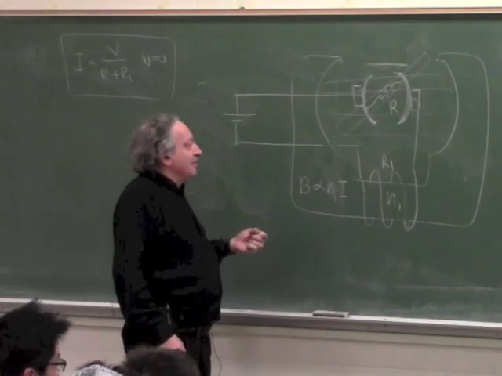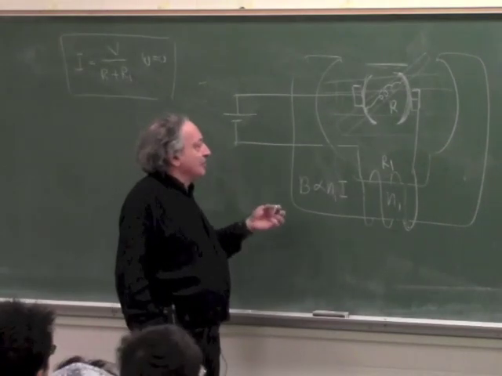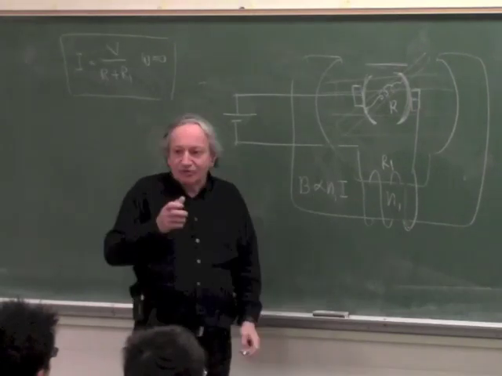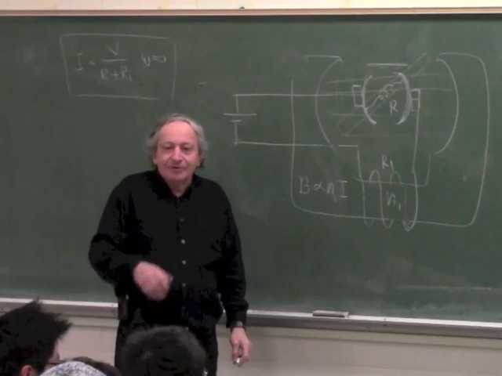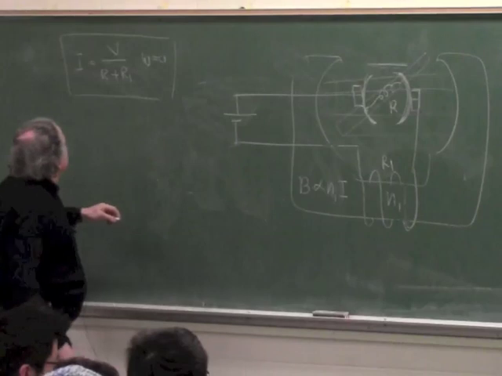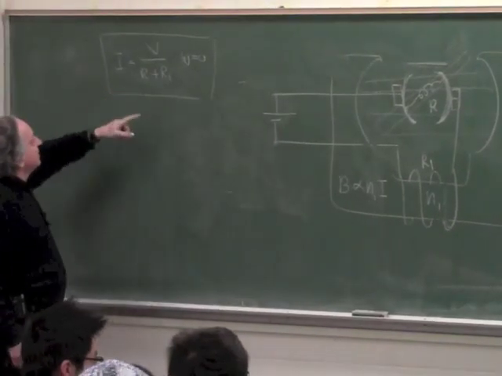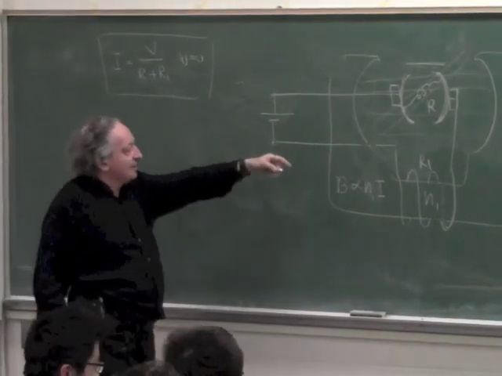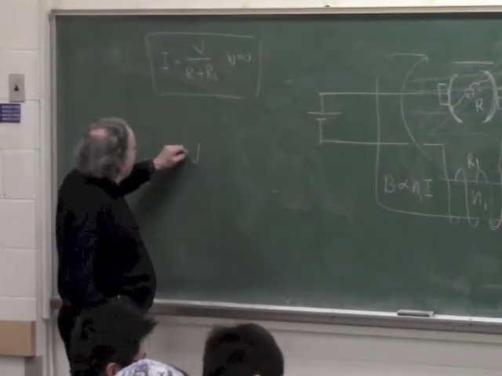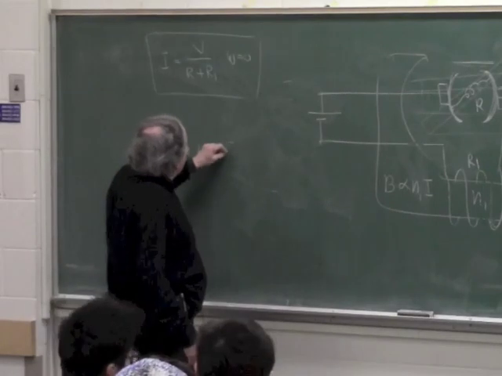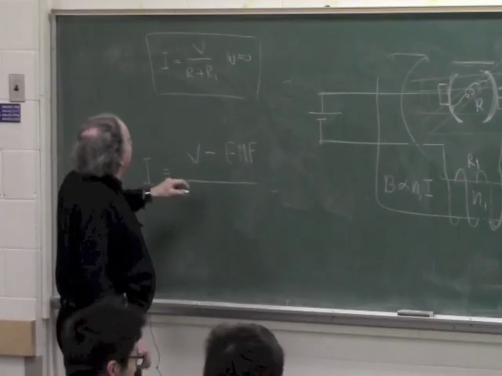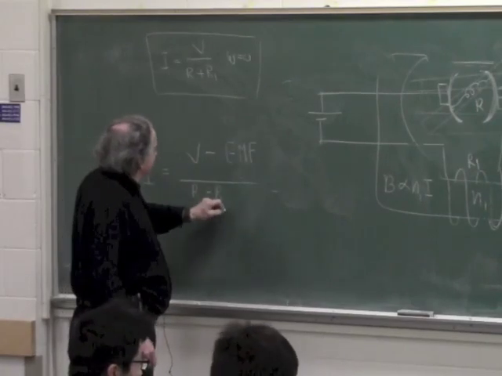At the beginning, when the motor just starts up, the currents are very big, so the motor has a lot of torque but low speed. Now as the motor speeds up, the current goes down, because once you have back EMF, the current is simply V minus the EMF, divided not by R, but by R plus R1.